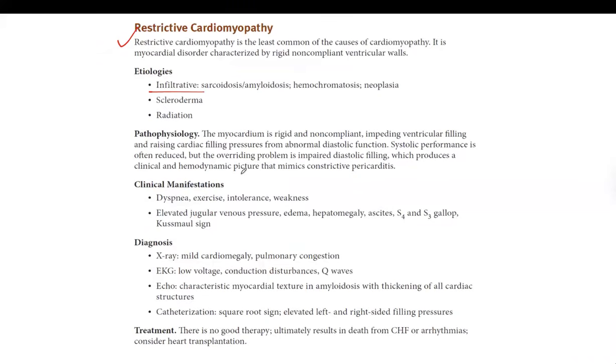It doesn't come in exam. Just remember, in restrictive cardiomyopathy, the heart becomes rigid, and because it becomes rigid, it can't pump the blood, nor can it relax. So this patient gets both systolic and diastolic dysfunction. That's why there is no good treatment for it. And ultimately, the only way to cure this is heart transplantation.